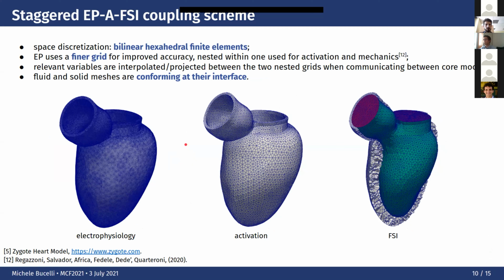So we use two nested grids, one very fine for electrophysiology and a coarser one for solid mechanics and activation. And whenever some variable has to be communicated between the two grids, we perform either an interpolation or a projection step. On the other hand, fluid and solid meshes are discretized in a conforming way at their common interface.